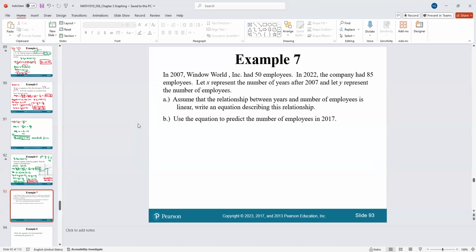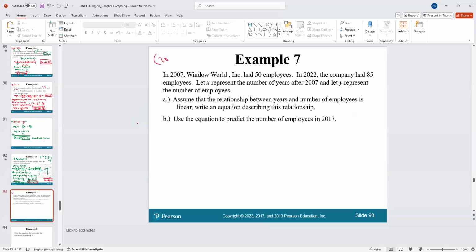Okay. In 2007, Window World Incorporation had 50 employees. In 2022, the company had 85 employees. If you let X represent the number of years after 2007 and let Y represent the number of employees, like if you want, you can even write this one.